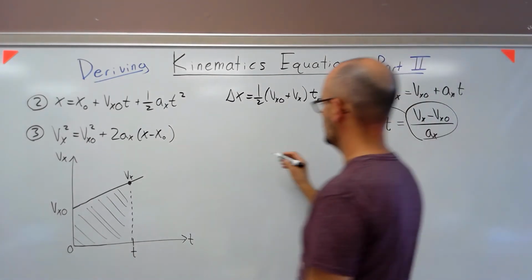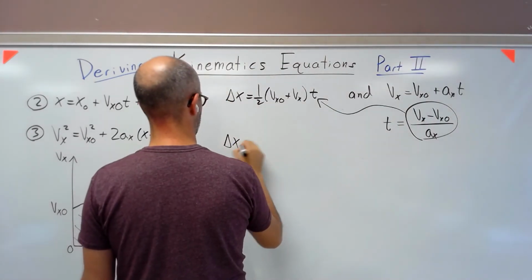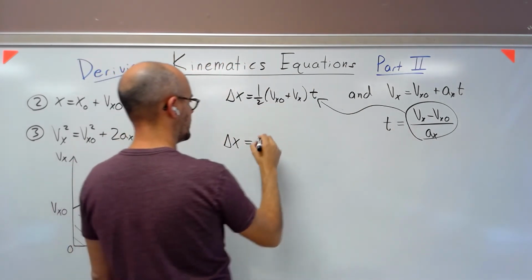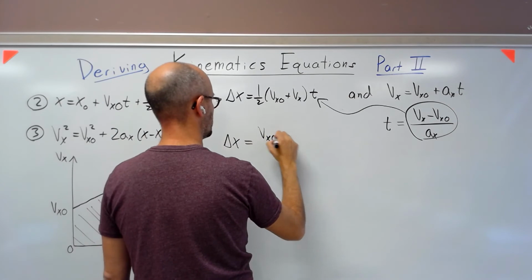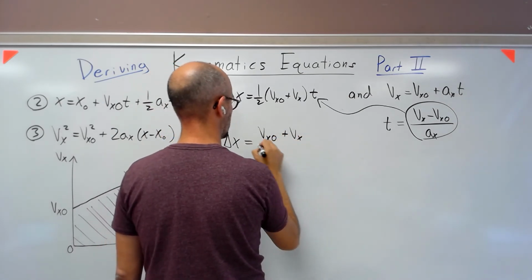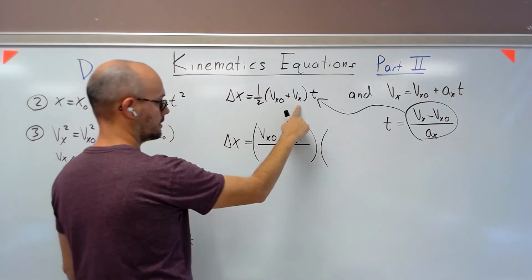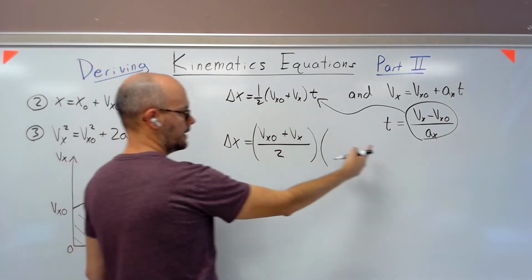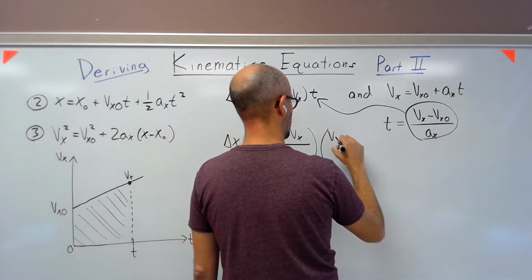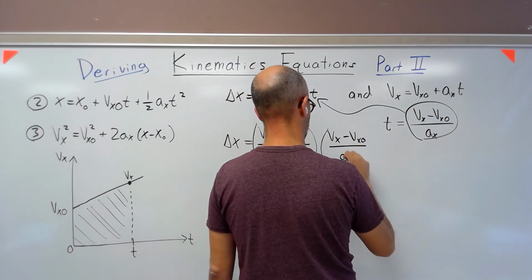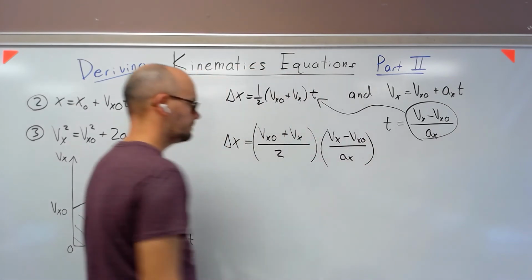So I go delta x equals, since this is written like a fraction, I'm going to write this like a fraction, Vx naught plus Vx over 2. So that's this equation without time. And then time is equal to this, so it's Vx minus Vx naught over acceleration.